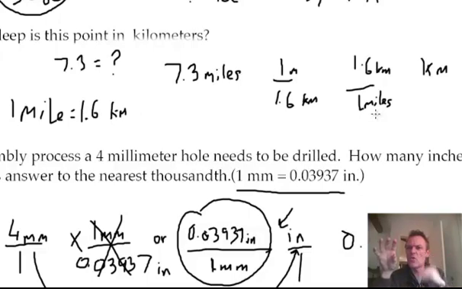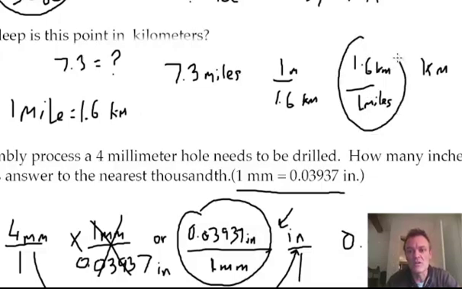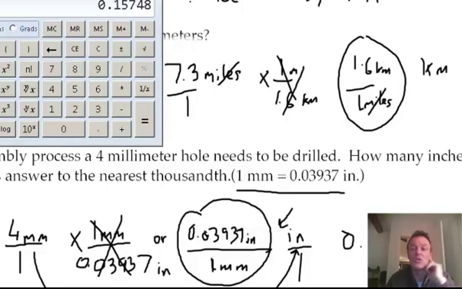So I need miles on the bottom to cancel this miles on the top that's next to the 7.3. Well then, this is the one I'm choosing, not that one. Miles is cancelled with that miles, so that's what the multiplication is: 7.3 times 1.6. Not divide by 1.6, multiply by 1.6.